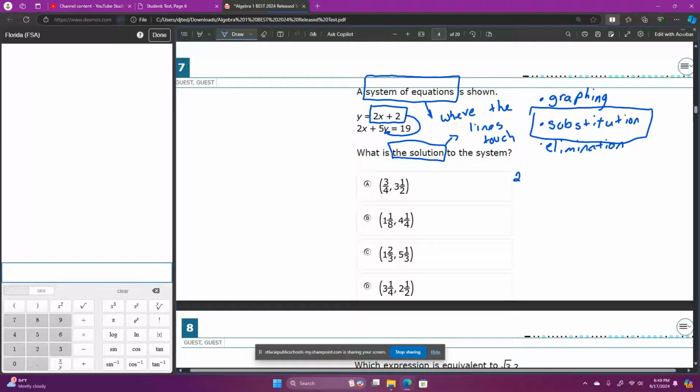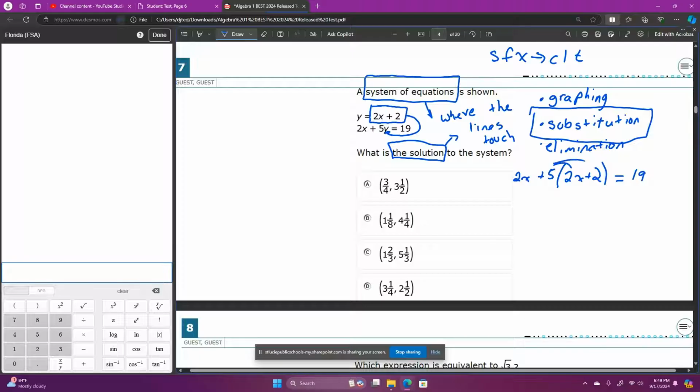So we got 2x plus 5, and instead of this y, I'm putting this 2x plus 2, equals 19. And now we do algebra's greatest hits. We solve for x by combining like terms. And before we can get there, now we have a 5 outside of these parentheses, right?